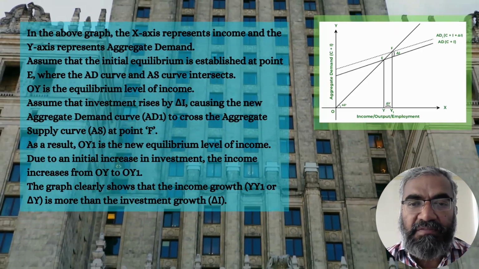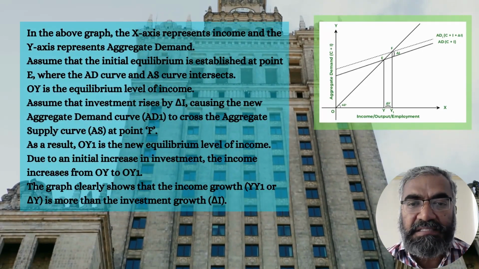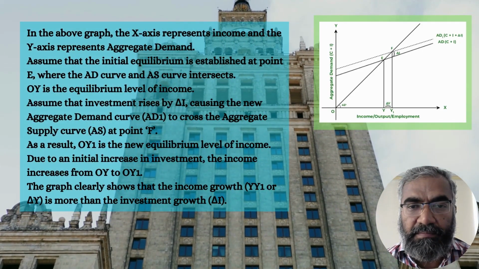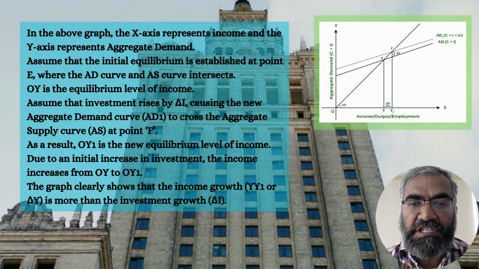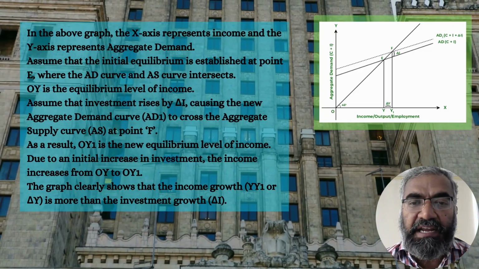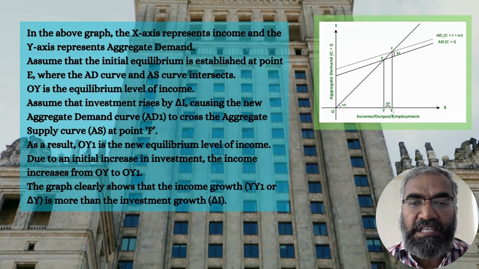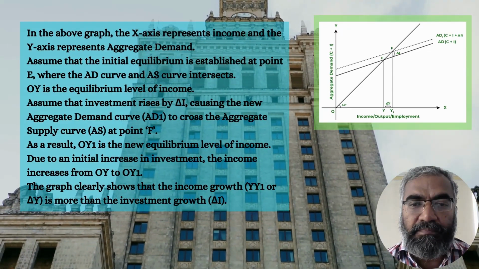In the above graph, the x-axis represents income and the y-axis represents aggregate demand. Assume that the initial equilibrium is established at a point E where the AD curve and AS curve intersect. OY is the equilibrium level of income.